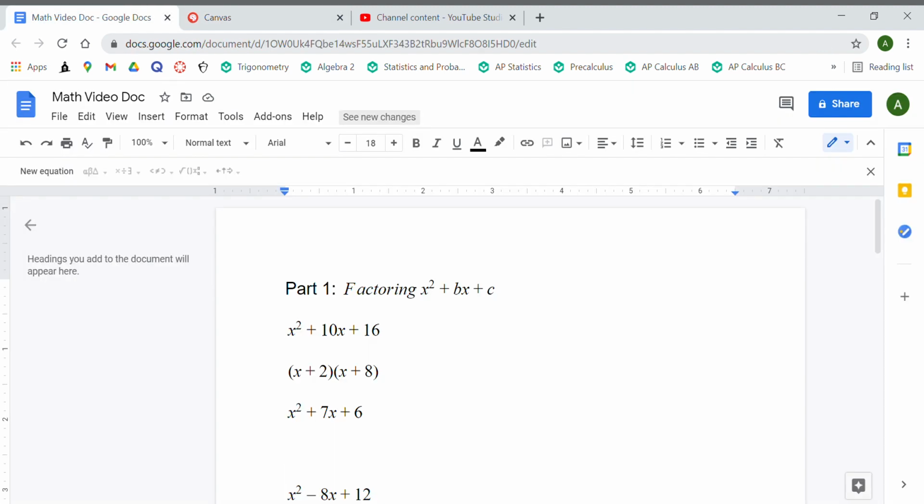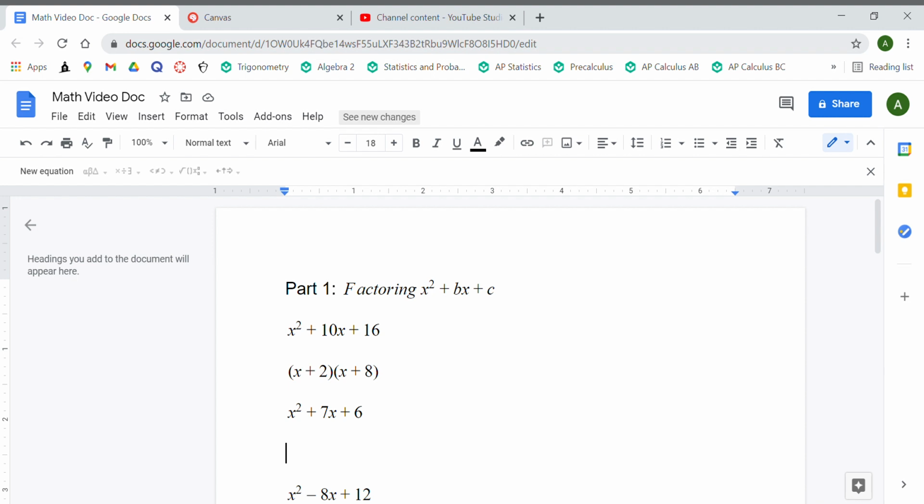There's a plus value in the middle, so the factors must add up to 7, because that's our b value. And then, since we have a plus sign right next to 6, the signs must be the same.